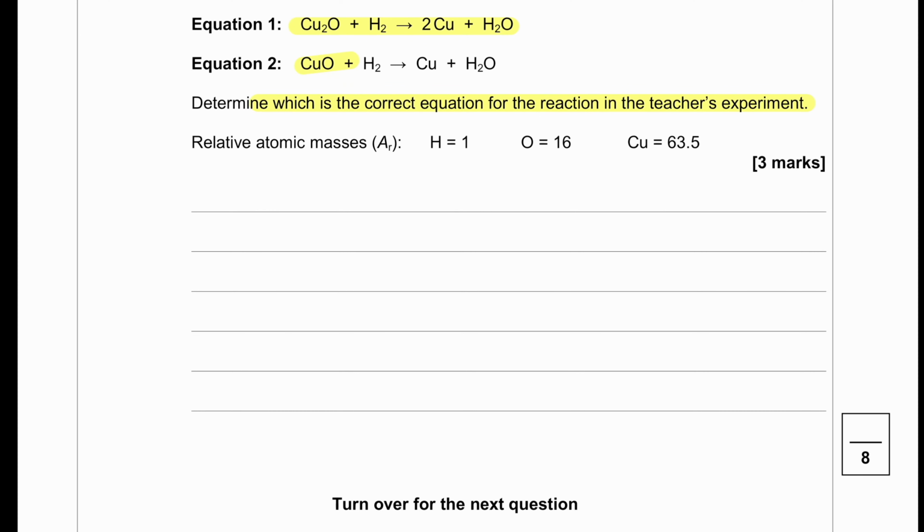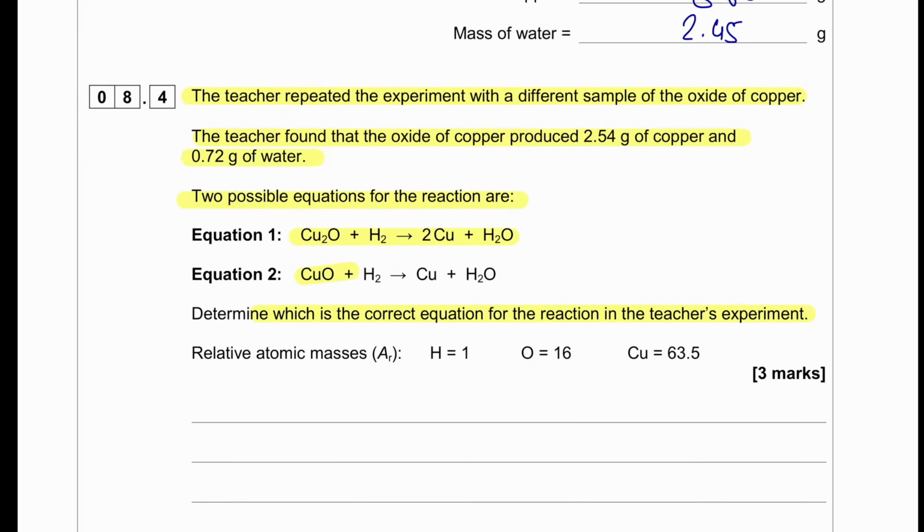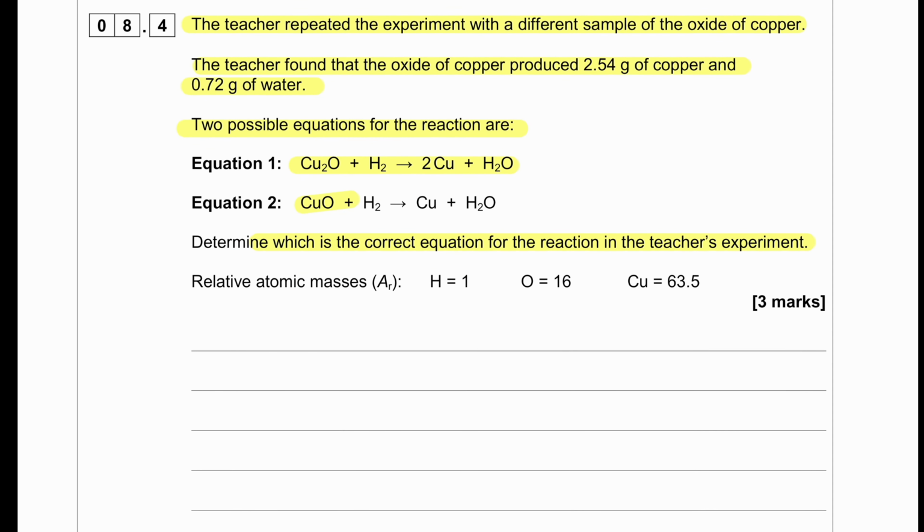Guys, this is a very nice question. So in order to find out, we need to first find the number of moles of copper. Then we are going to find the number of moles of water.